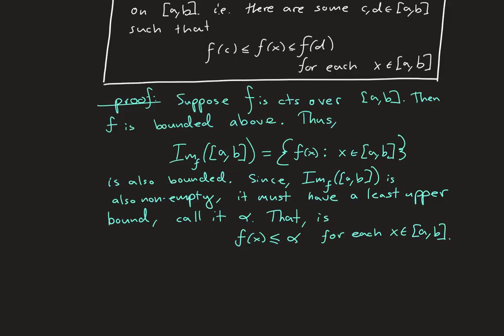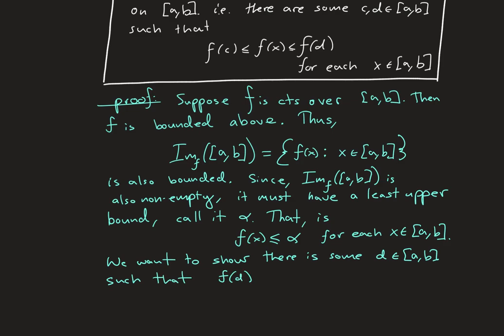So this condenses what we want to show. We want to show there is some d in this closed interval, a to b, such that f of d, f evaluated at that d, is equal to this least upper bound alpha, okay?